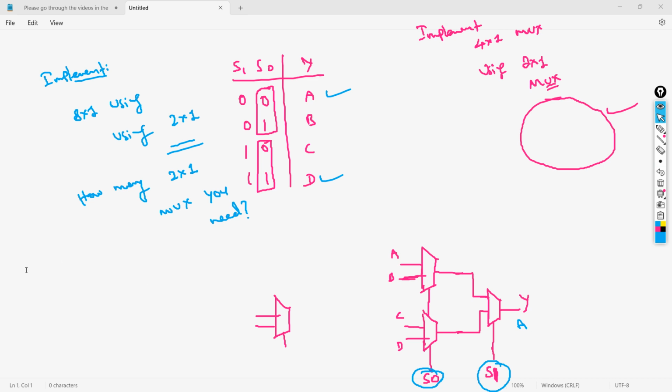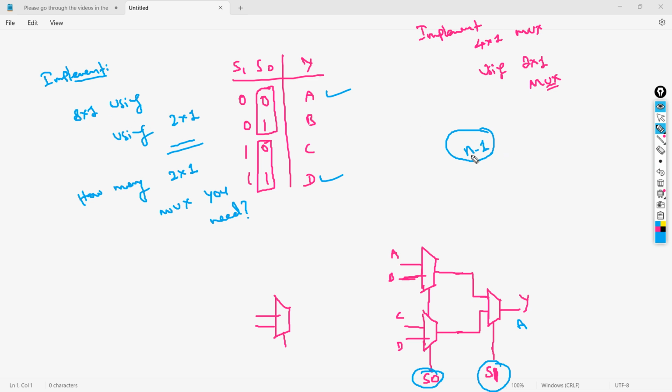Is it done? If you guys look at it, you don't need to implement everything. The simple method is n minus 1, where n is nothing but the number of inputs.